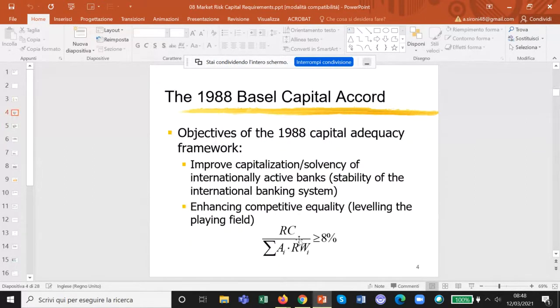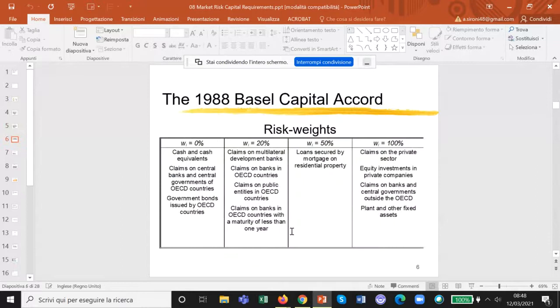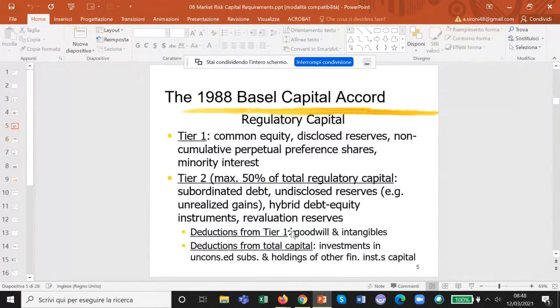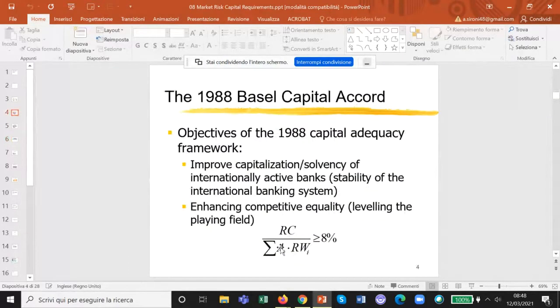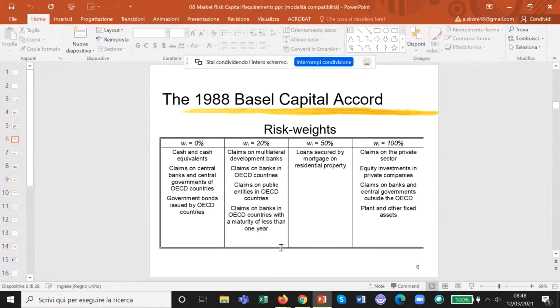Now, if we want to understand how this ratio works, not only do we have to understand the numerator, but also the denominator. At the denominator, in the 1988 Accord, things were very simple. There were 4 different kinds of risk weights. Each individual asset here at the denominator must be multiplied by a simple system of risk weights.